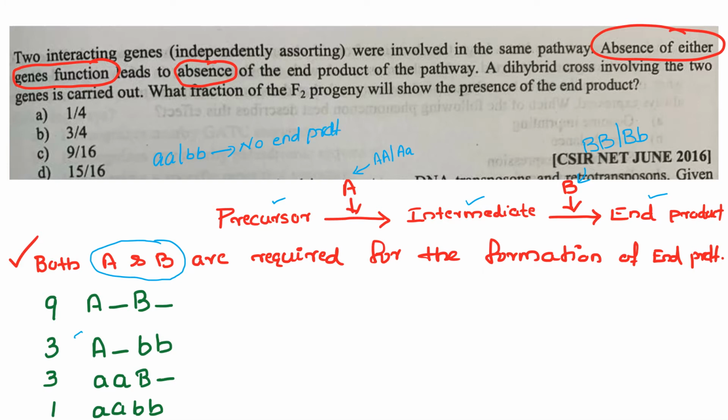So both the genes should be in dominant condition, then only we will get the end product. So here, what fraction of the F2 progeny will show the presence of the end product?